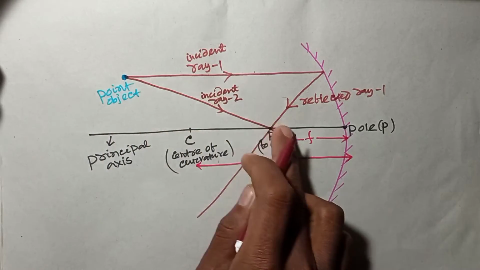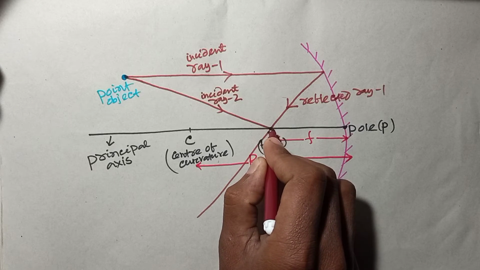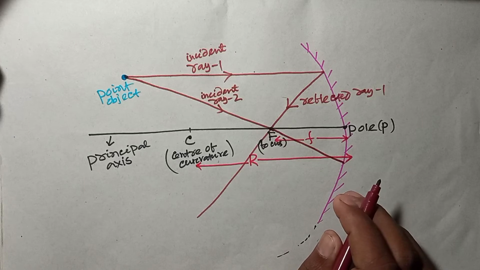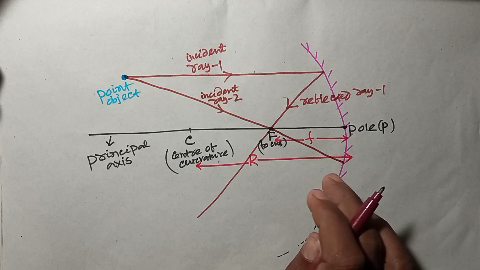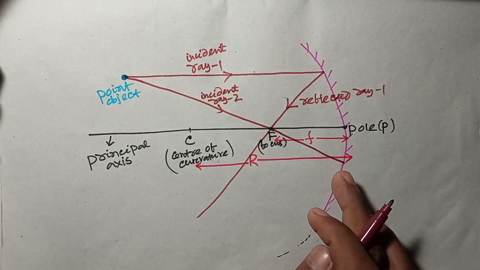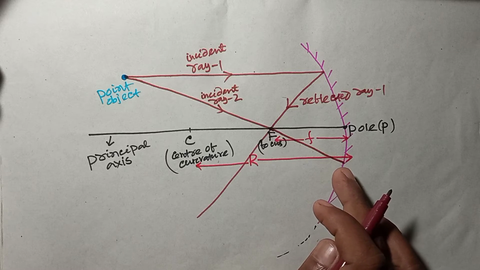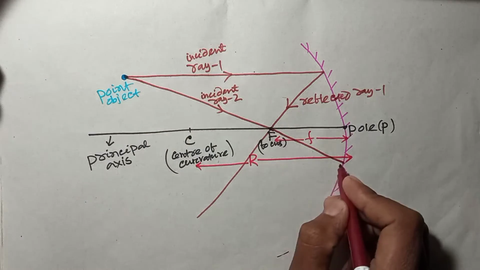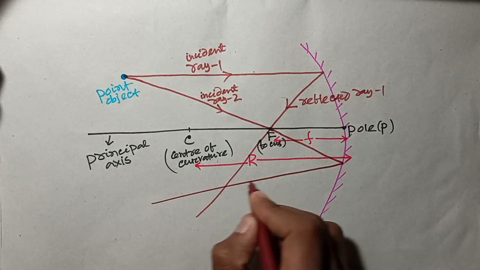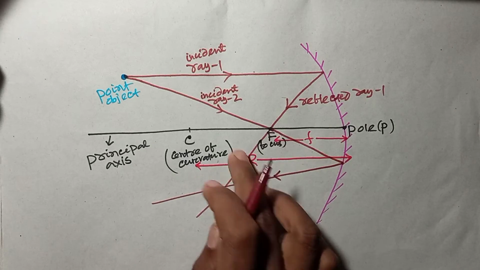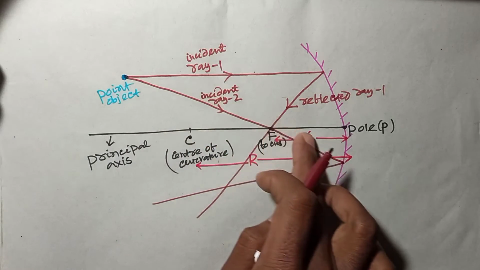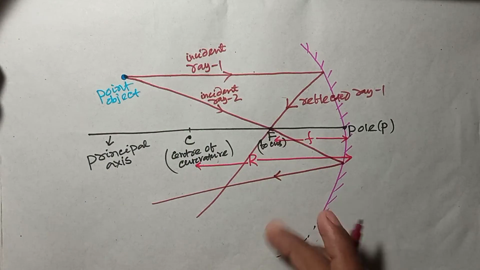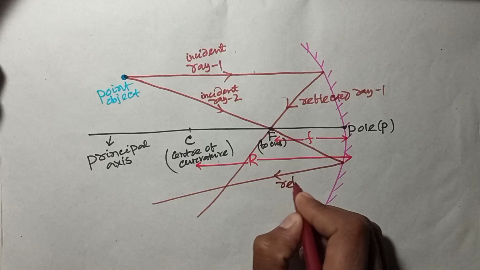Okay, this is the incident ray passing through the focus. And we know that the incident ray which passes through the focus becomes parallel to the principal axis after reflection. Okay, so this ray will be something like this. Since it was passing through the focus, after reflection it will be parallel to the principal axis.